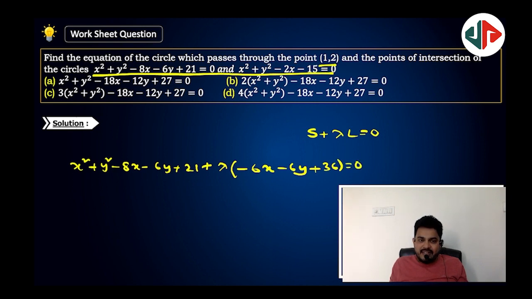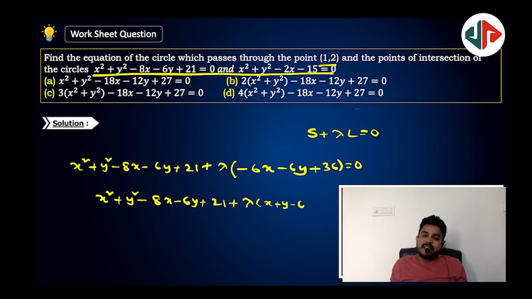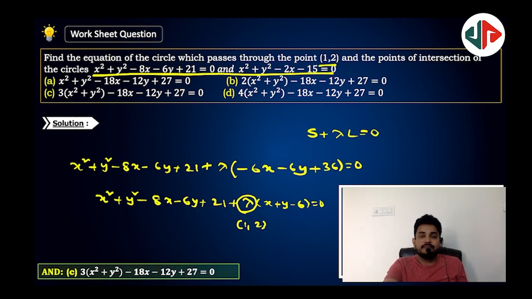Or you can take this one for easy calculation: x square plus y square minus 8x minus 6y plus 21 plus lambda times of, simply this is x plus y minus 6 is equal to 0. Passing through (1, 2), you will get lambda value. Substitute back, you will get the answer. And answer is C.